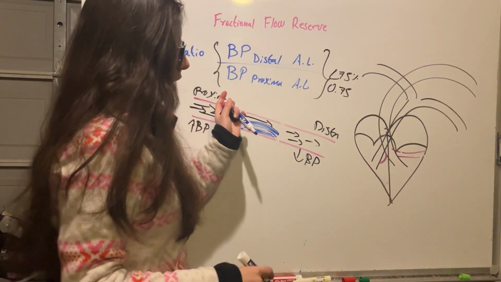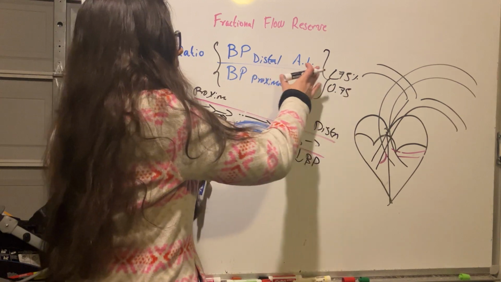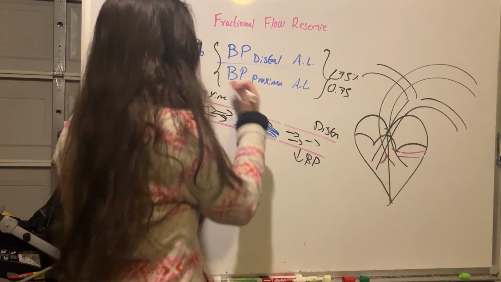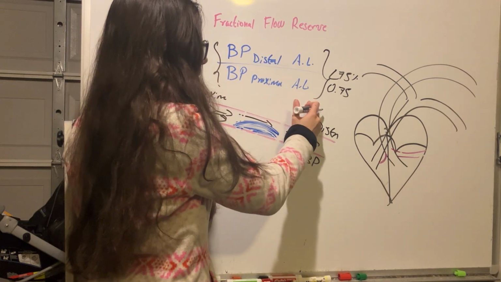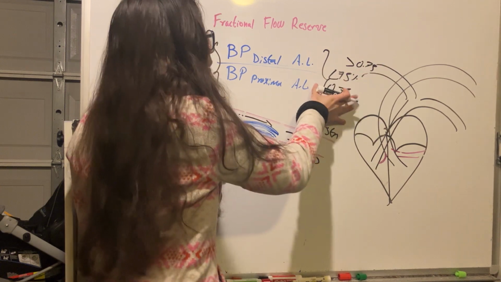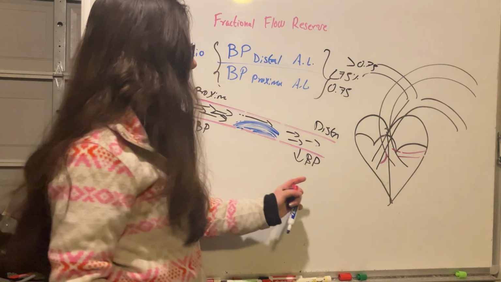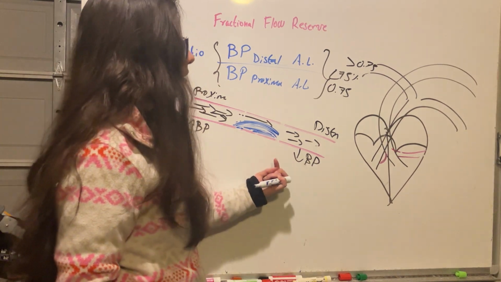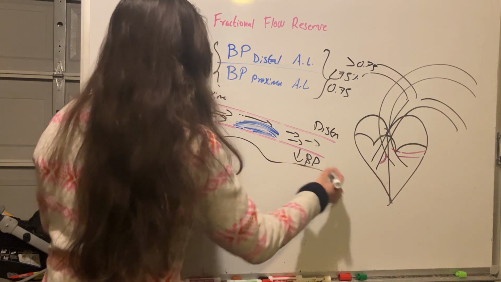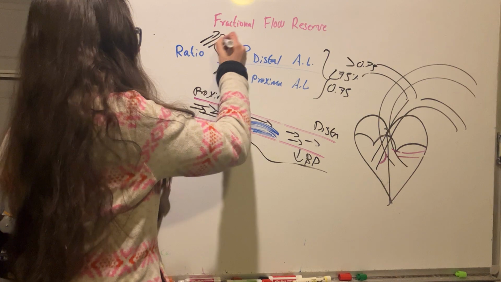Some studies suggest that if we have a higher fractional flow reserve, so higher blood pressure distal to the atheromatous plaque divided by the blood pressure proximal to the atheromatous plaque, numbers greater than 0.75, we can do conservative management, but less than 0.75 is a severe lesion, and so this ratio is the fractional flow reserve.